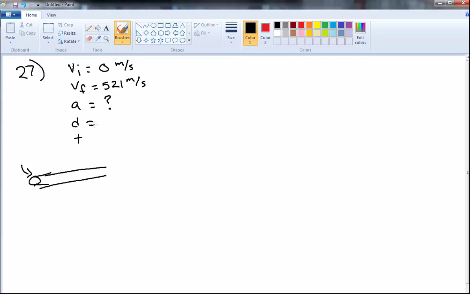And they've given us that the barrel is a distance of 0.84 meters. So in this case, we weren't given time. So let's figure out which equation deals with these four variables. And that's our VF squared equals VI squared plus 2 times A times D.